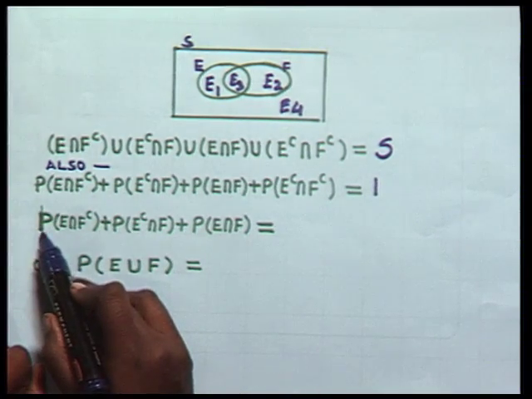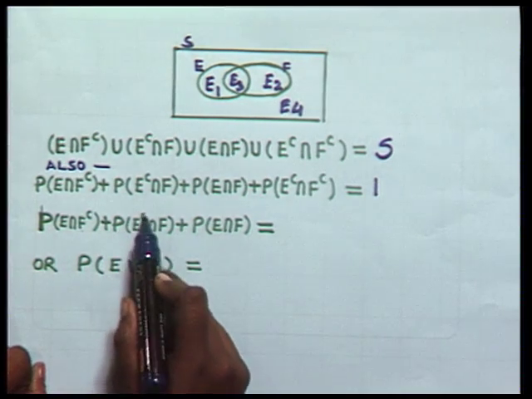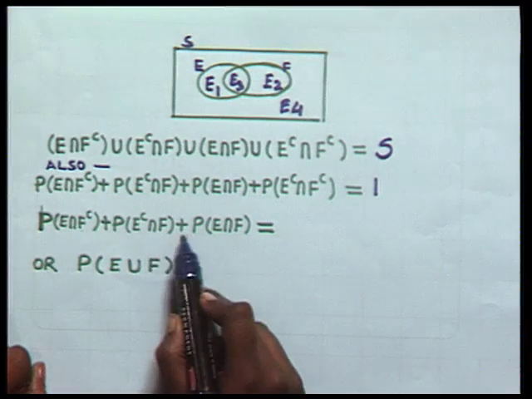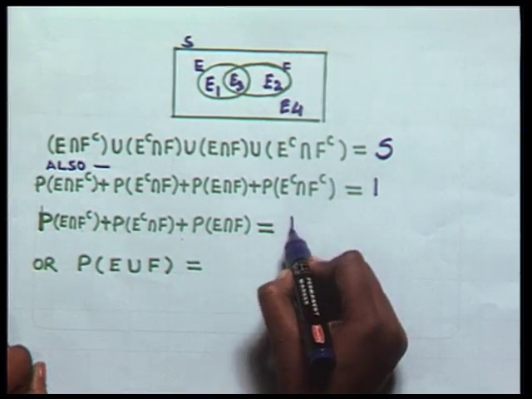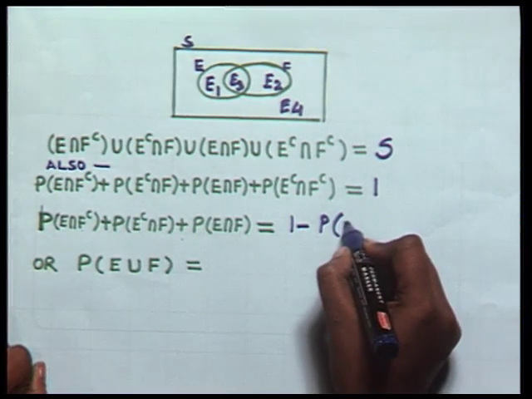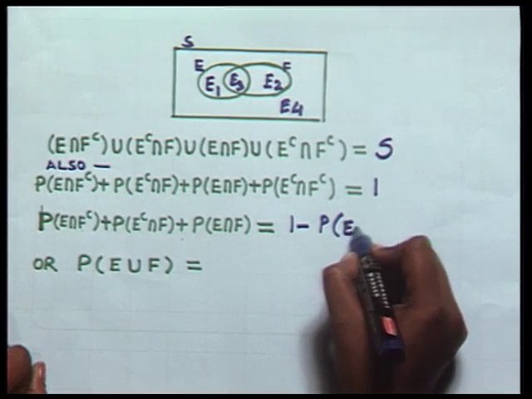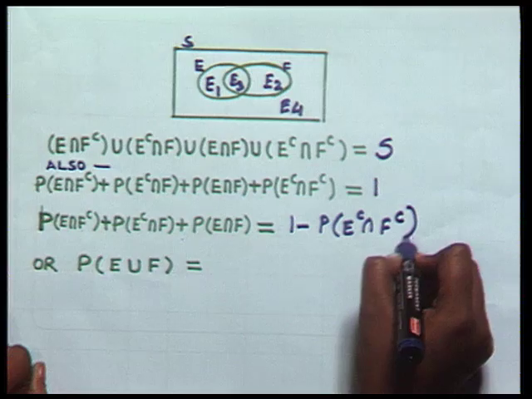This implies that probability of E intersection F complement plus probability of E complement intersection F plus probability of E intersection F will be equal to 1 minus probability of E complement intersection F complement.